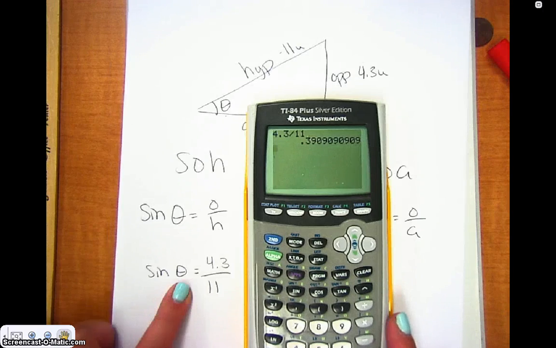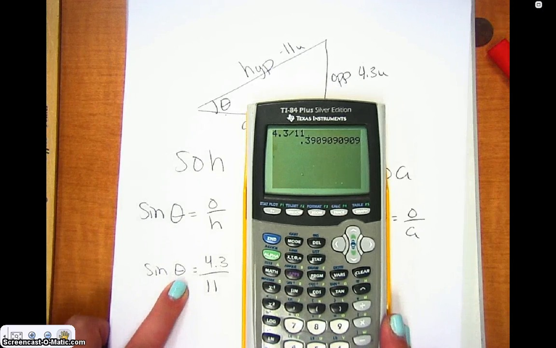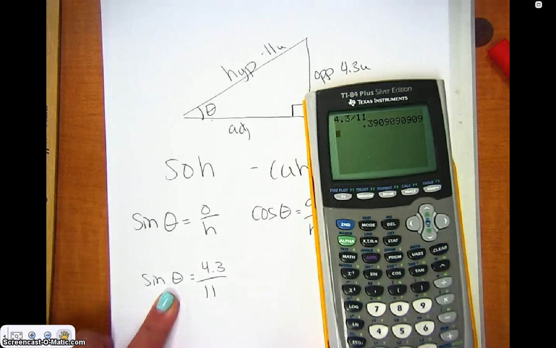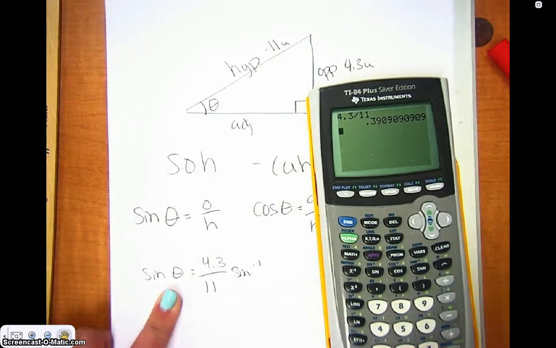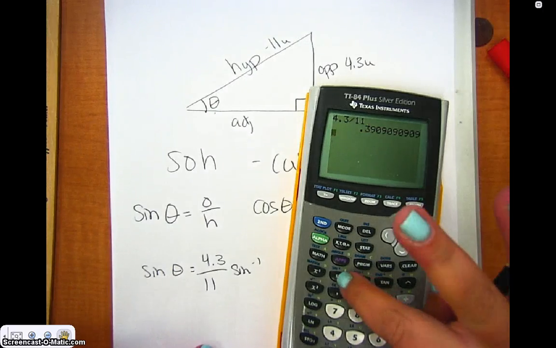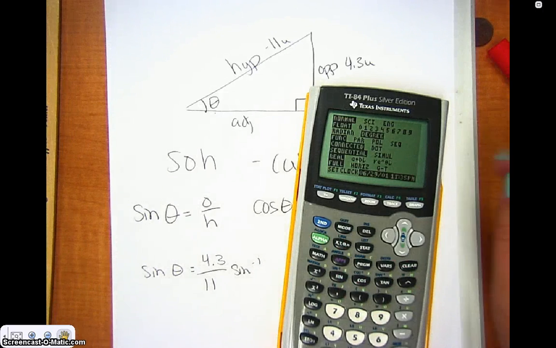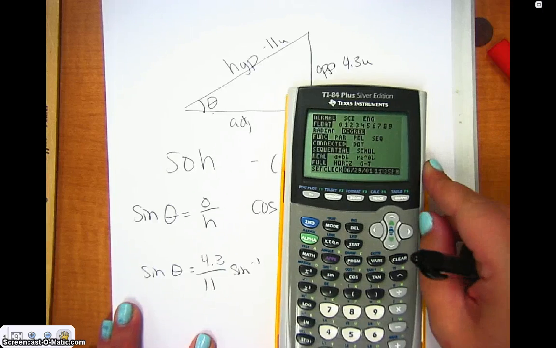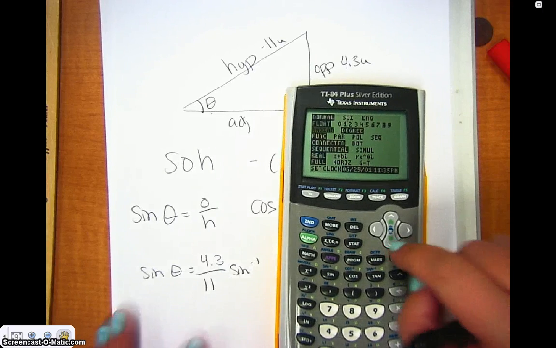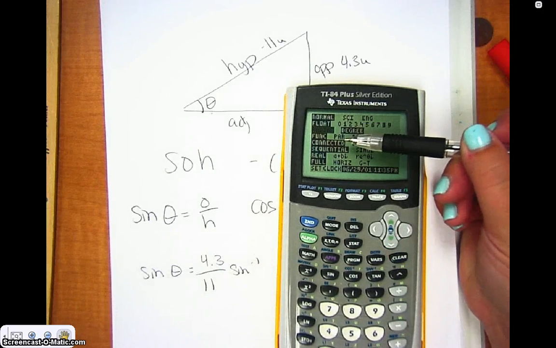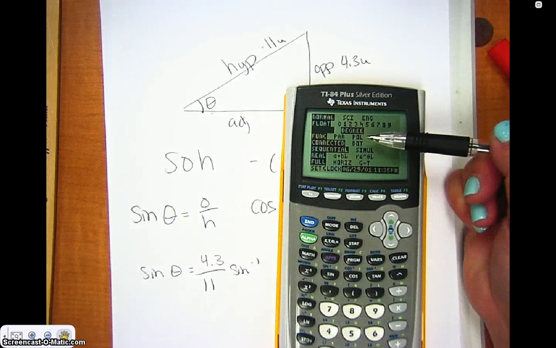So the sine of the angle is 0.39, but I want to know the angle. So actually what I'll do is I'll use the sine to the -1 button, which is right here. Now, one thing I do want to point out, if you're in calculus especially, very often you are going to be putting your calculator into radians, right? And we in physics always need to have your calculator in degrees.